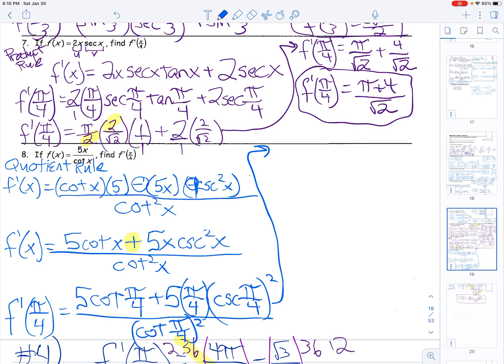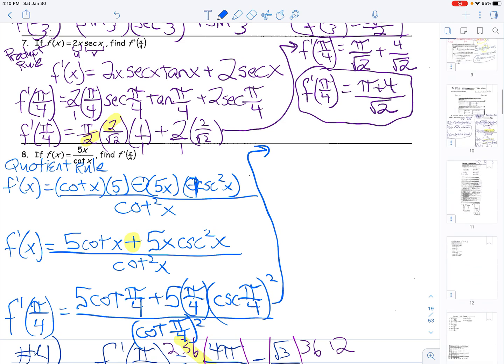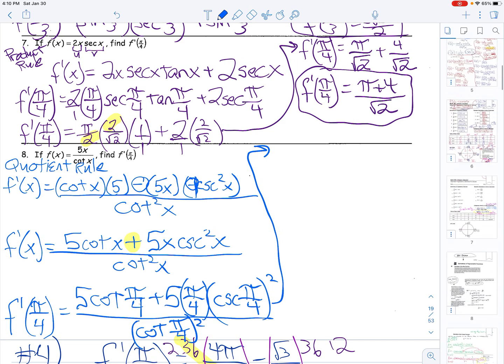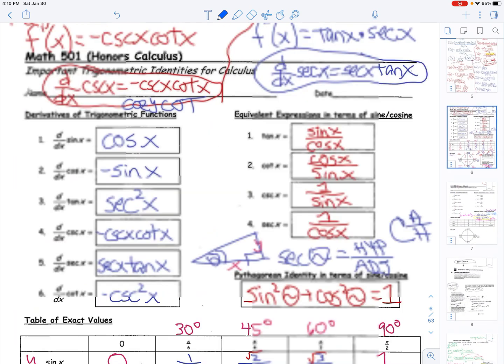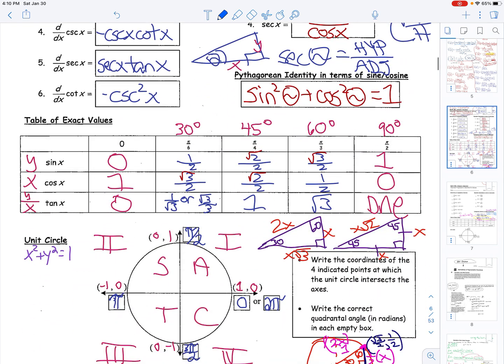I got the positive there because of the two negatives, right? That's why the plus is there. Cotangent is the reciprocal of tan. Tangent pi over 4 is 1, so cotangent is 1.